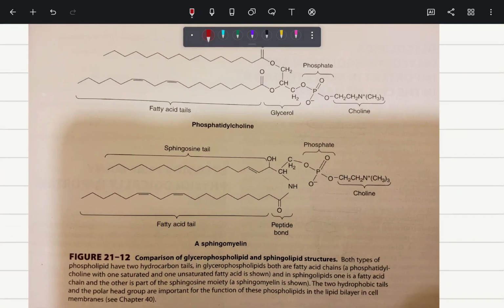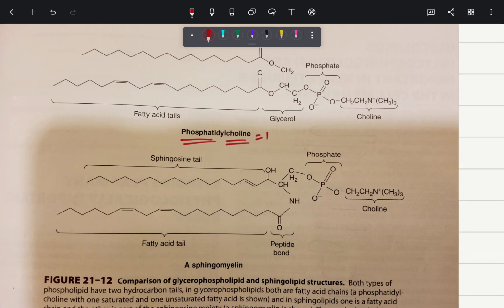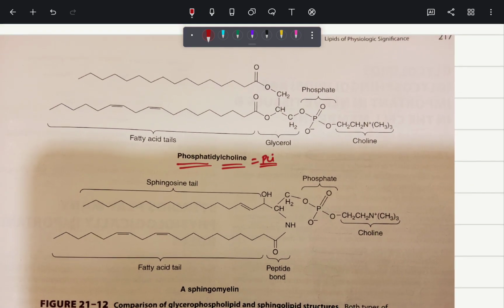Now as you can see here, this is phosphatidylcholine. Phosphatidylcholine is a type of phospholipid. So what is the structure of a phospholipid? It should contain a phosphoric acid or phosphate, and it should have two tails of fatty acid. So here is the first tail of fatty acid, here is the second tail of fatty acid.